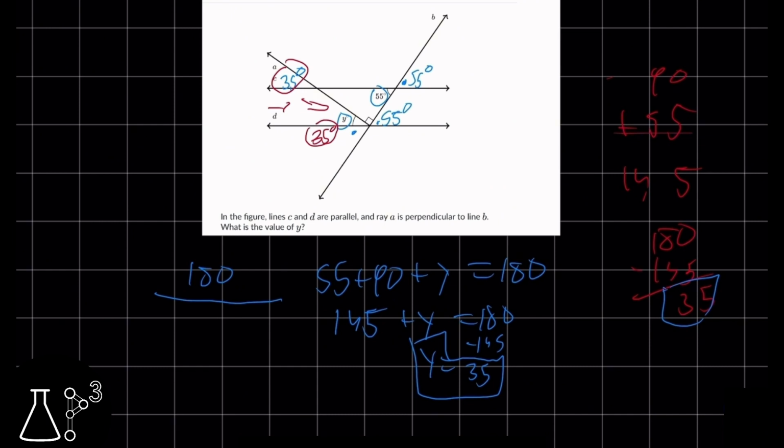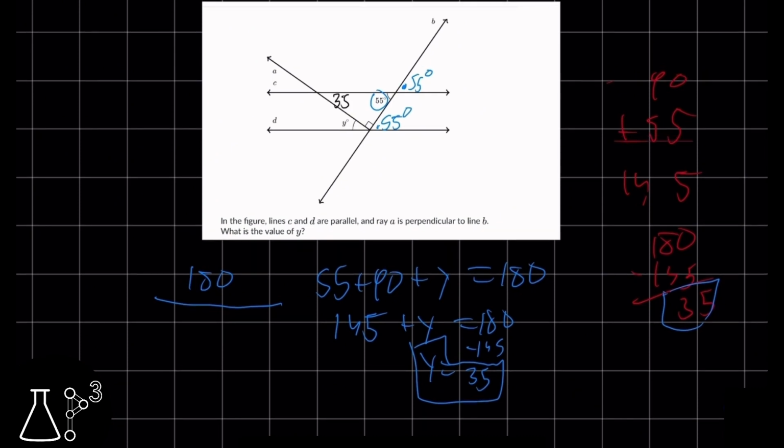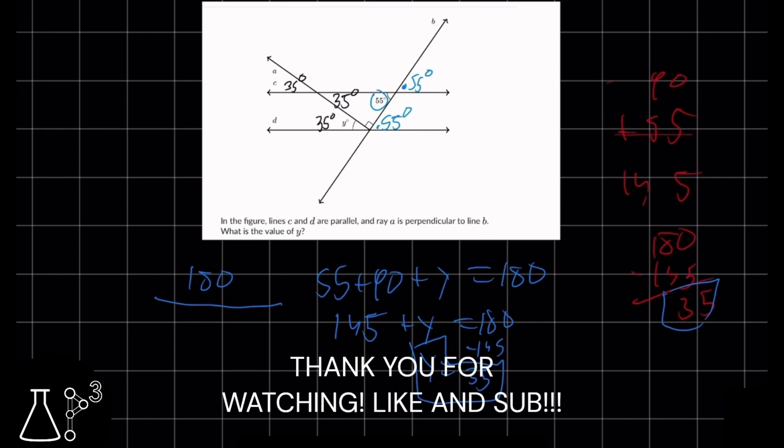You find the right triangle, understand that it's 35 over here and 35 on the other side, and because the lines are parallel, we can assume that y, because of the alternating interior angle rule, is 35 as well. So there are two ways to solve this question, and now you know.